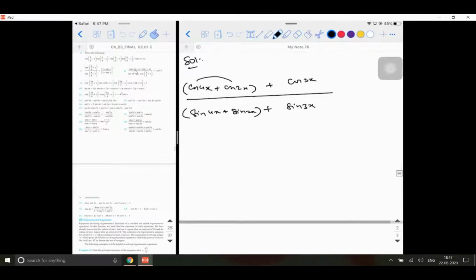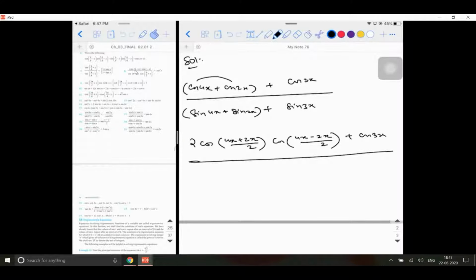So what is cos 4x plus cos 2x? Cos C plus cos D will be 2 cos of (C plus D)/2, that is (4x plus 2x)/2, into cos of (C minus D)/2, that is (4x minus 2x)/2, plus cos 3x is already existing. The whole divided by sin 4x plus sin 2x.